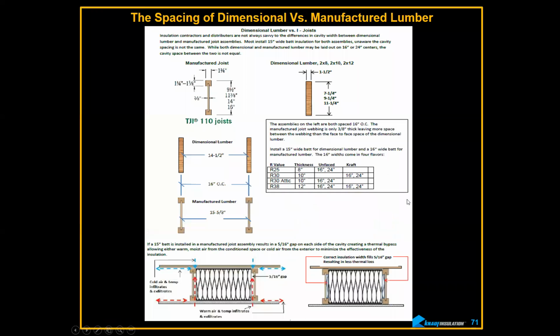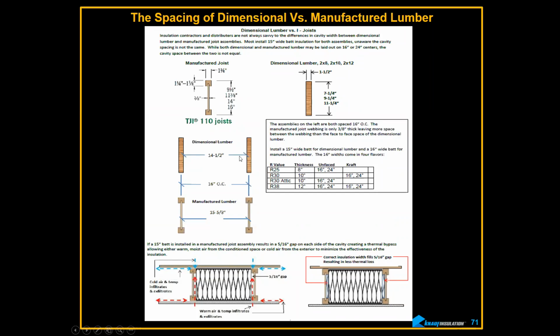This is a problem. Inspectors, and even contractors and builders on here, please pay attention to this. You can't use the same width bat in manufactured lumber as you can in dimensional lumber. In a 16-inch on center, you must use a full 16-inch bat. You can't use 15, okay?